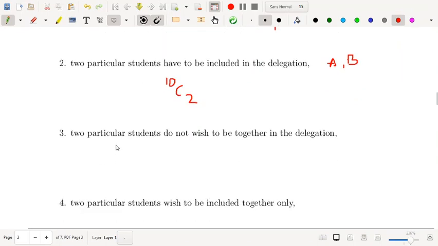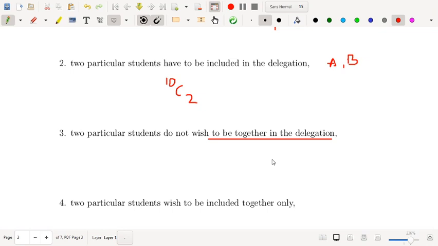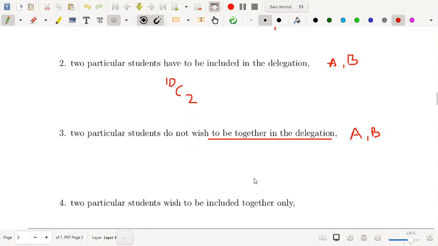Now the third case: 2 particular students do not wish to be together in the delegation. Suppose A and B do not want to be together. Without any restriction your selection will be 12C4. And if you include these 2 students, that is case 2, which is 10C2.